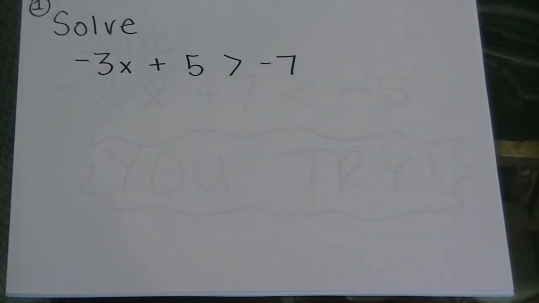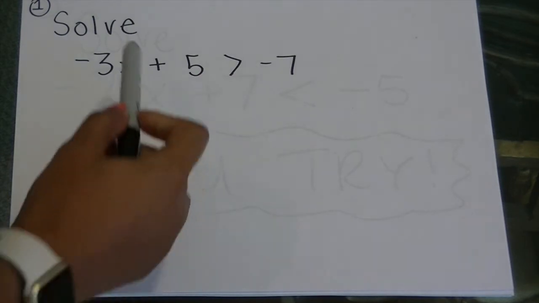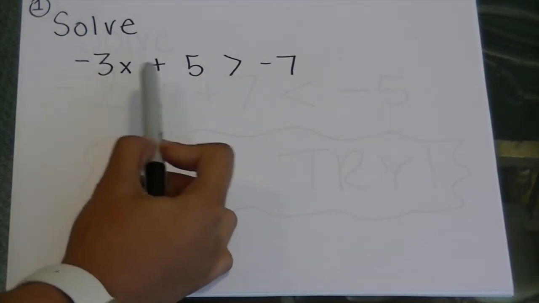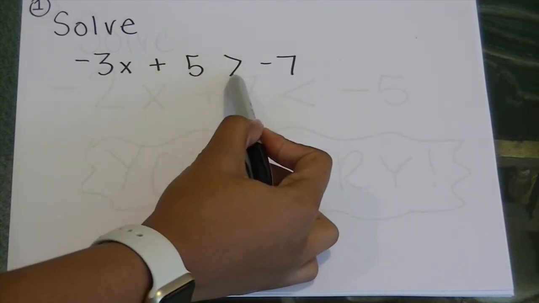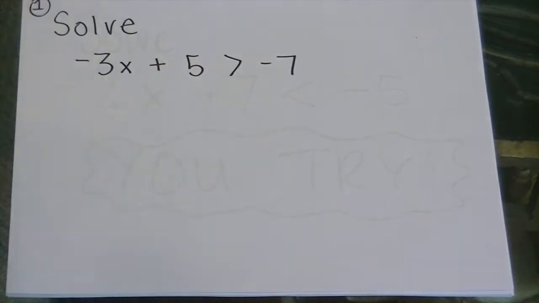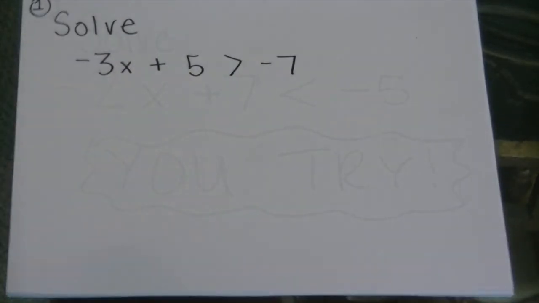So the first thing that we're going to solve is just a basic linear inequality. When you're solving linear inequalities, you treat this sign, in this case a greater than sign, just like you would treat an equal sign. So how would you solve this normally?